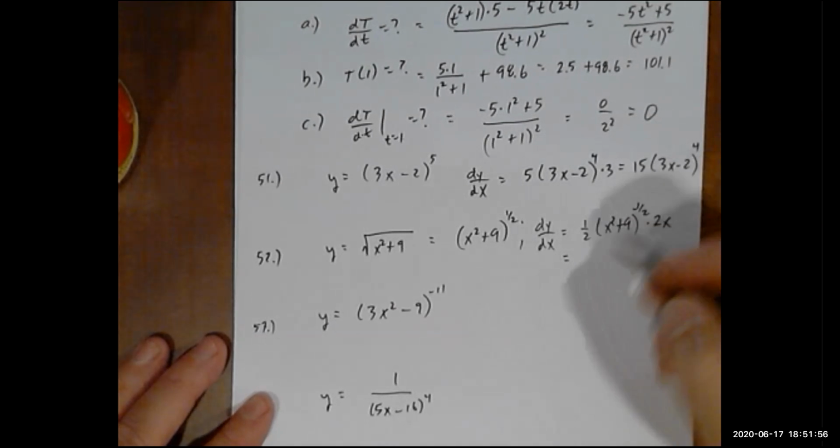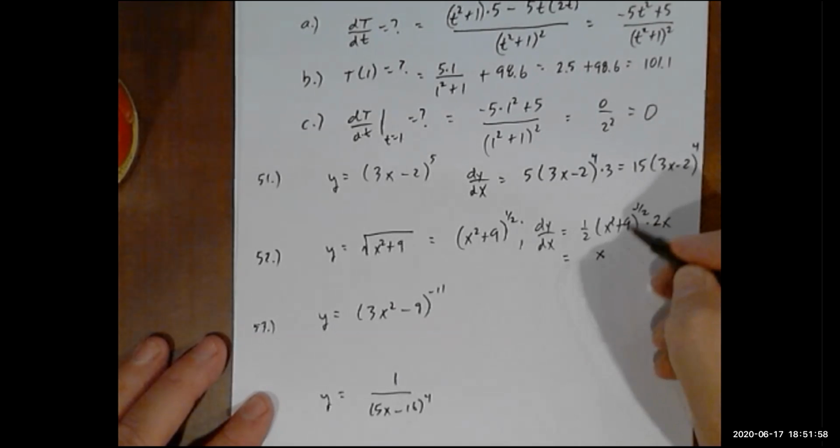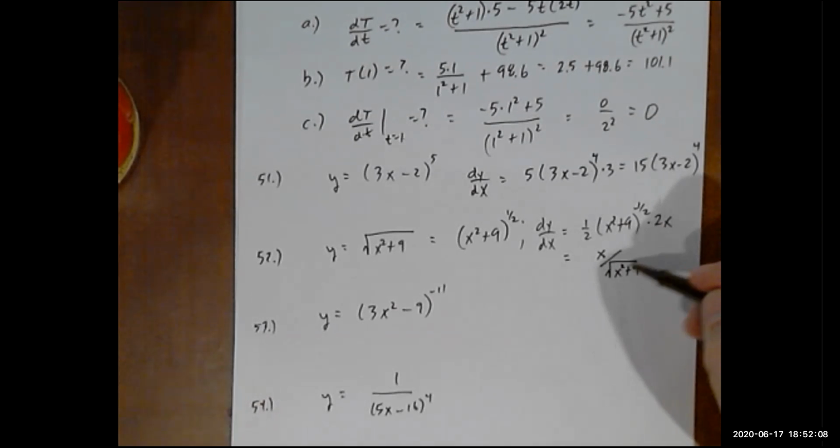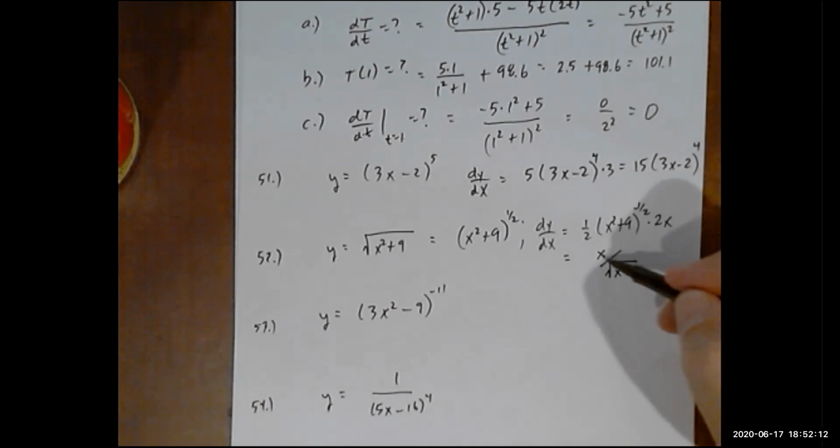So 2x times 1/2 just leaves x. Since this is a negative exponent, this thing goes in the bottom, and I'm going to just switch it to a radical because it's going to be x squared plus 9 to the 1/2. I'm sure my math lab will probably take either one.